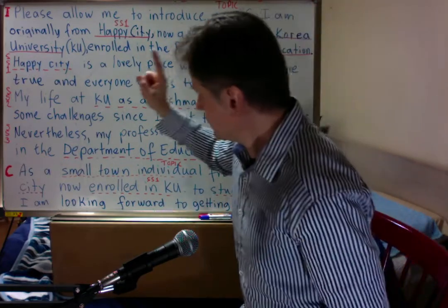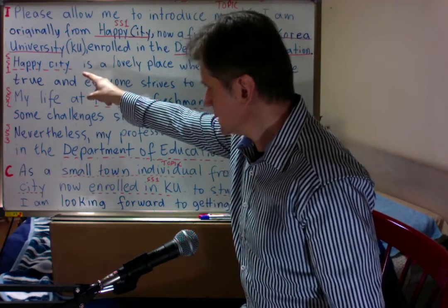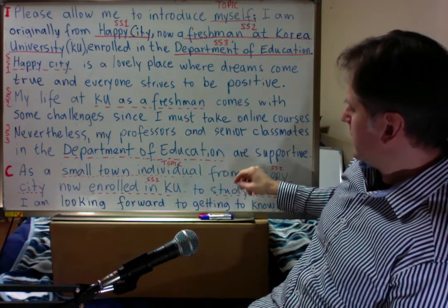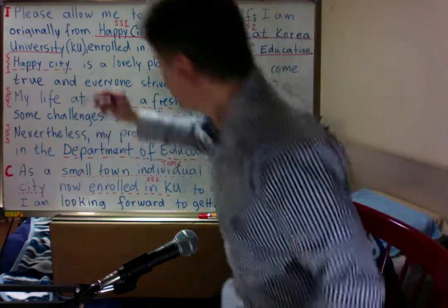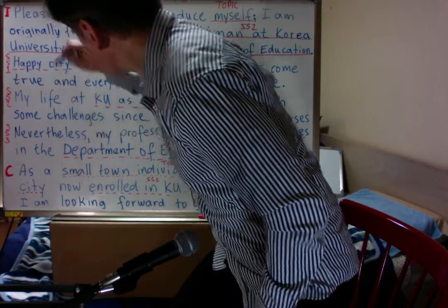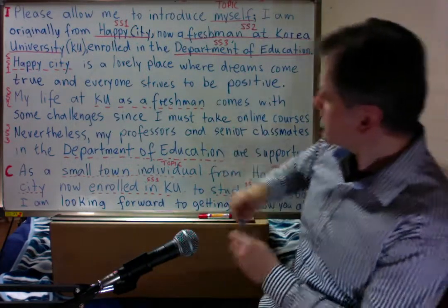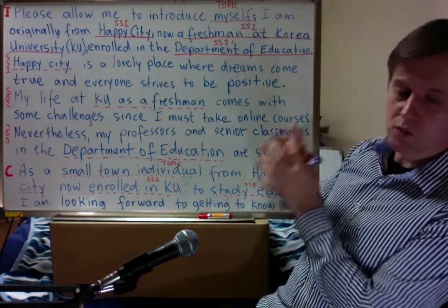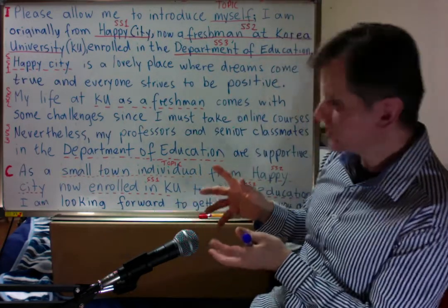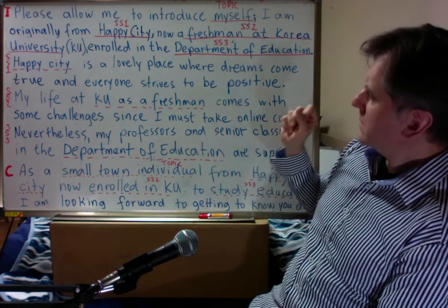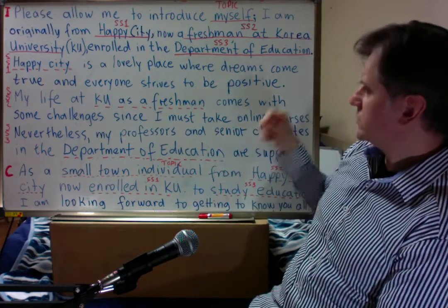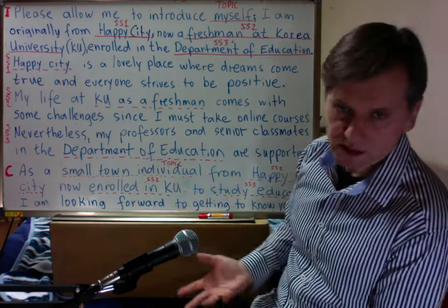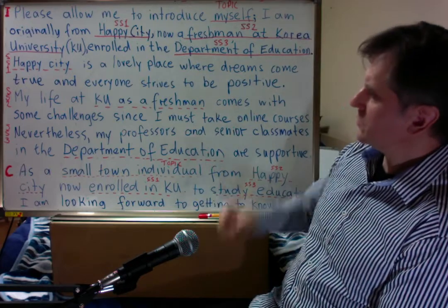Now, supporting sentence 1 reads, "Happy City is a lovely place where dreams come true and everyone strives to be positive." So, again, Happy City relates to supporting sentence 1. So you give a bit more information about Happy City. What is Happy City? Well, it's a lovely place where dreams come true and everyone strives to be positive. A bit of a cliche, but gets the point across.